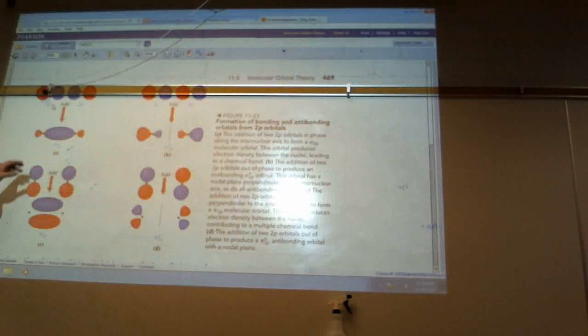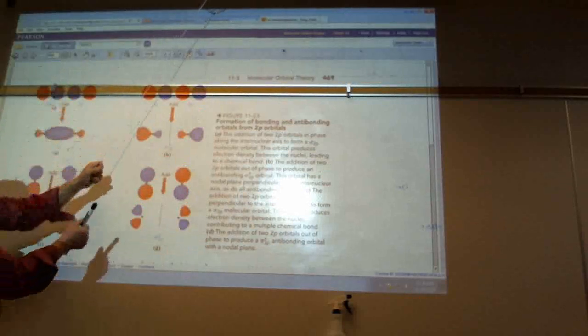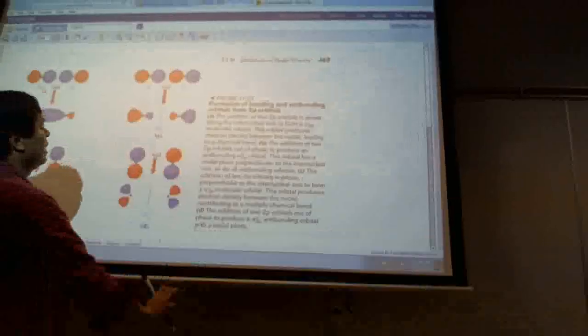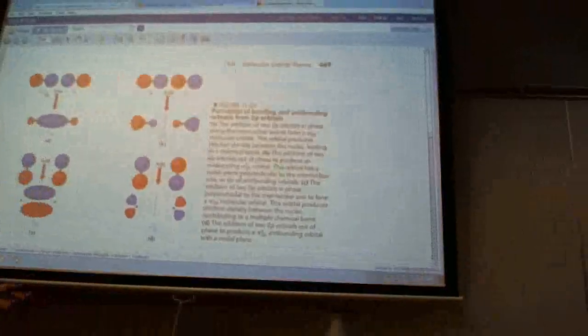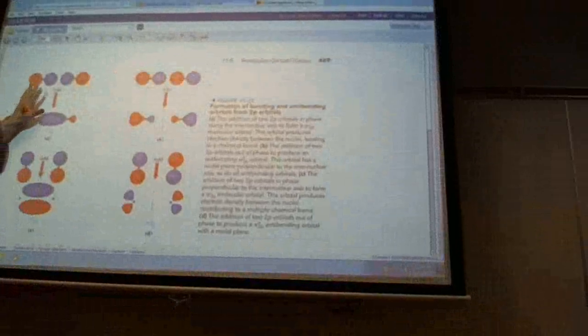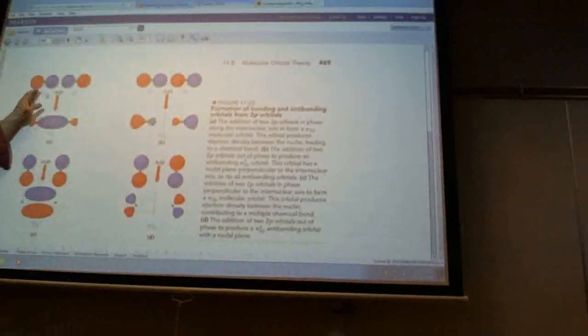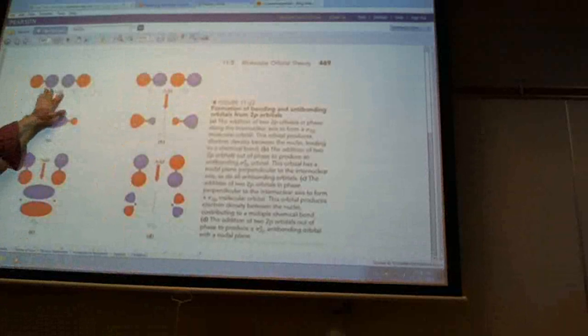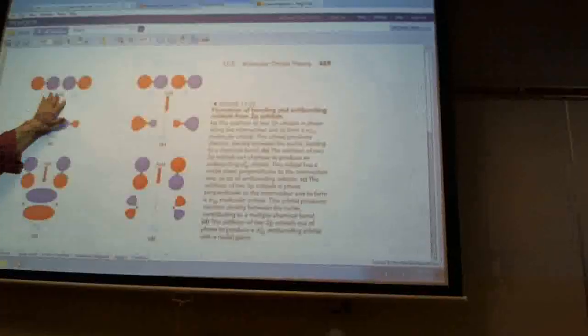All right, when we go to the second period, now we got to look at some p orbitals and how the p orbitals add. What we do is called LCAO, a linear combination of atomic orbitals. When we do the LCAO, we'll do it in phase. Do you see this in phase?